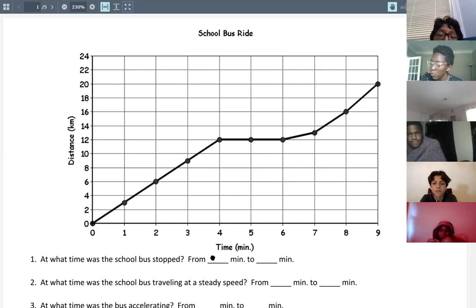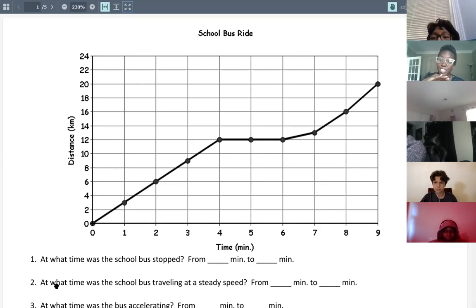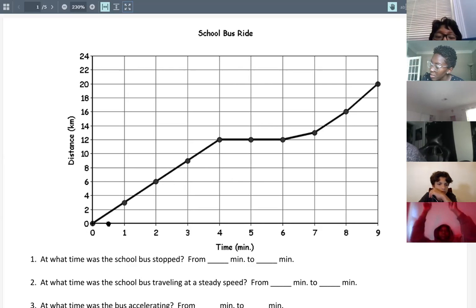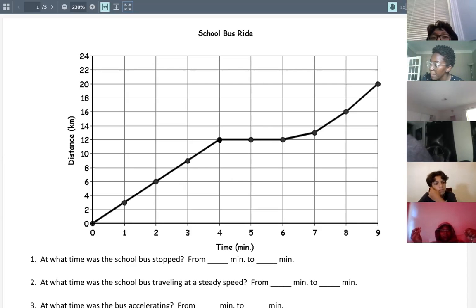A steady speed means, from 0 to 4, it is increasing, and it's not a weird increase. It's just a very nice, steady increase. Esther said, if you look at it right here, from 0 to 4, it's a nice, steady increase. So right here, the bus is traveling at a steady speed.